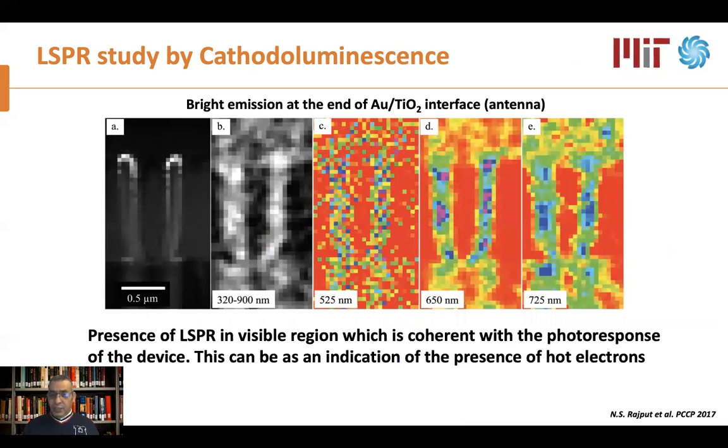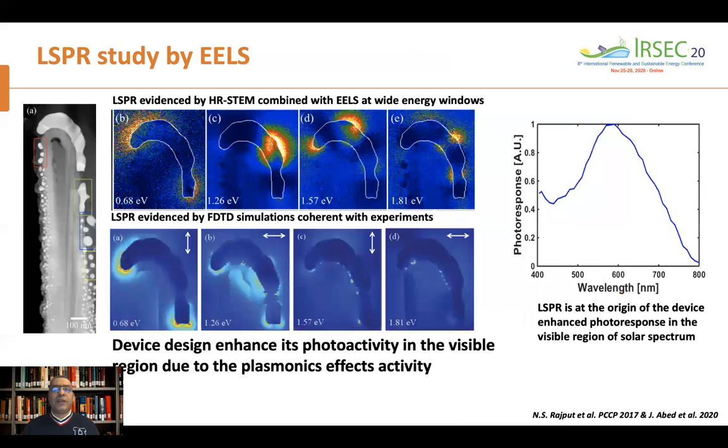So basically, now we are able to extend the absorption in the visible region, and at the same time to enhance the LSPR activity in this device. To further study the efficiency of this LSPR, we first try to observe this phenomenon at very high resolution using electron energy loss spectroscopy inside a high resolution transmission electron microscope.